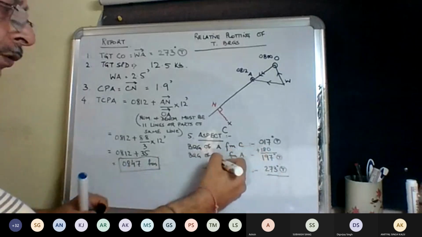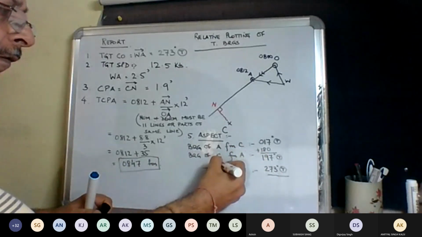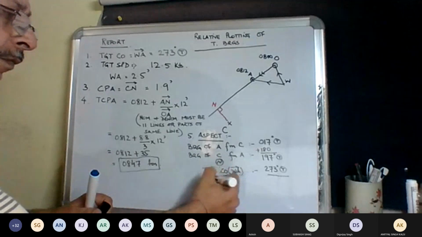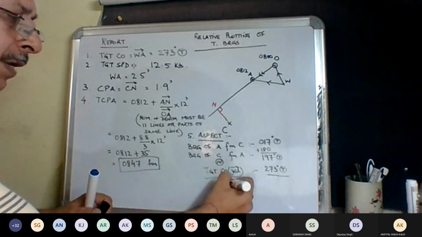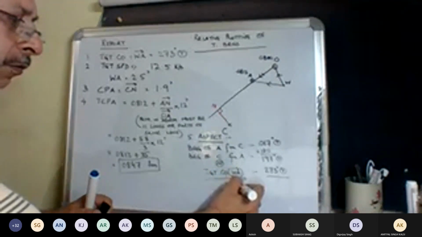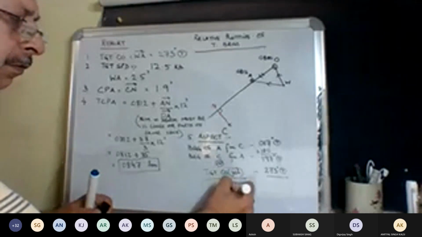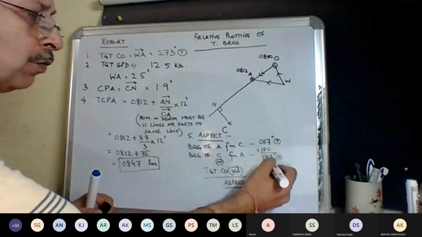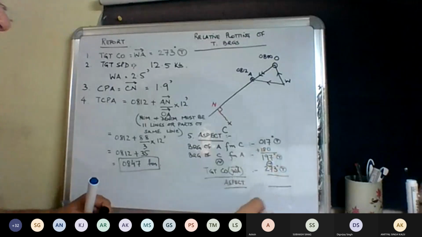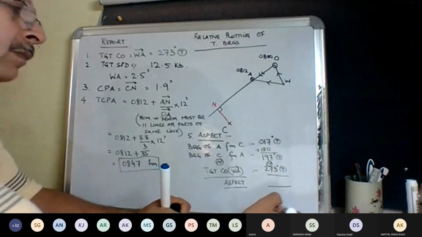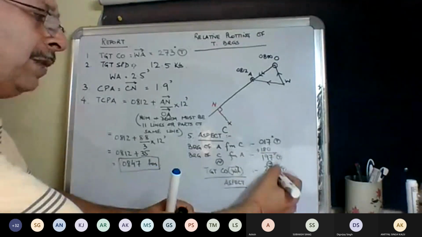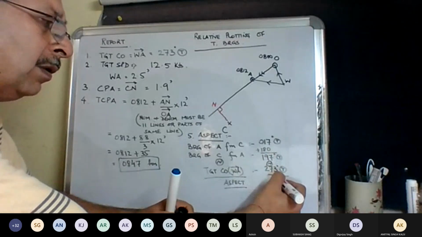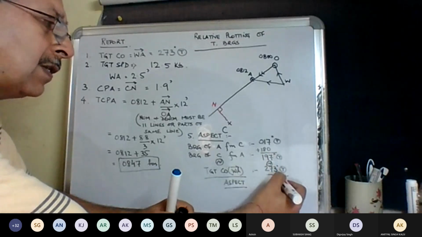The difference of these two will give me aspect. Whichever is greater, the difference of these two will give me the aspect. So 273 minus 197 is 76.